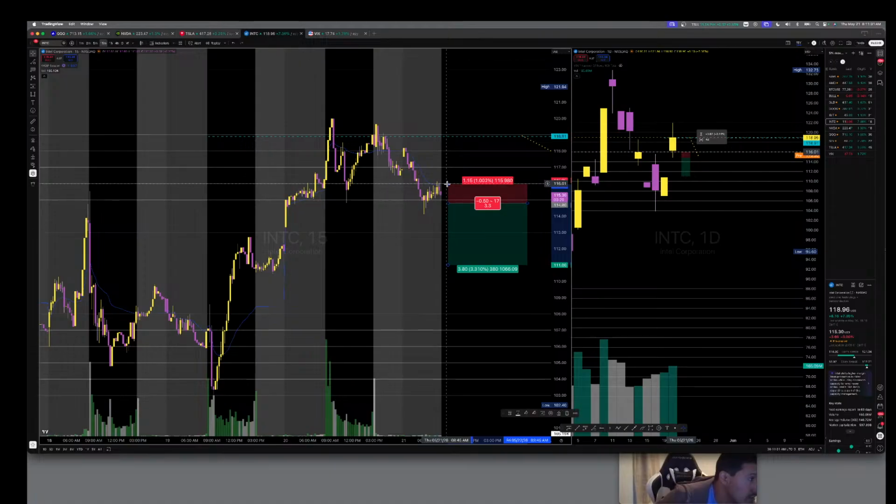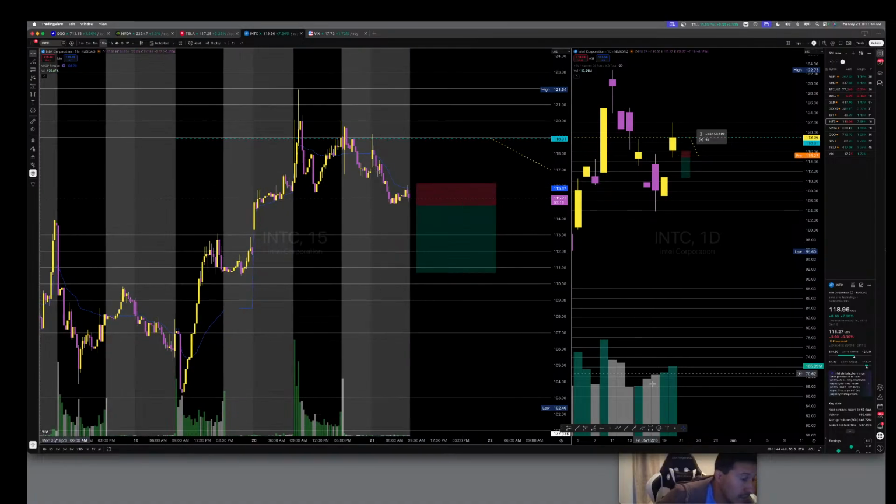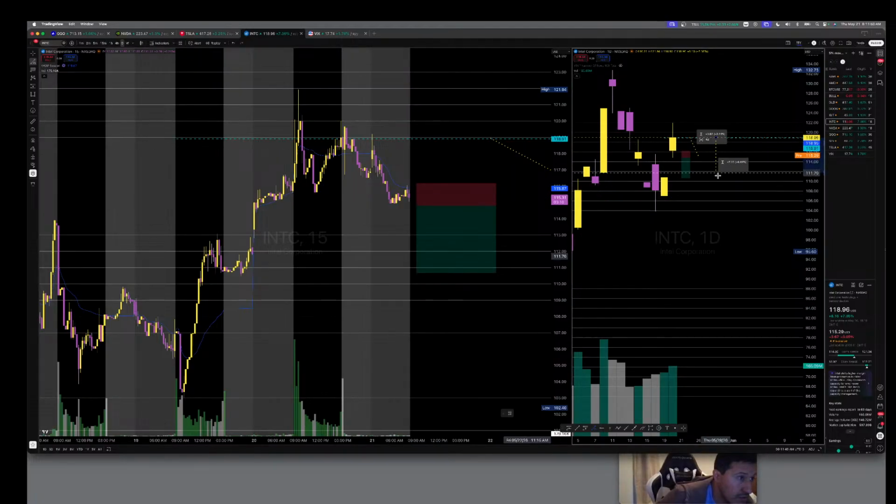You break your lows. You touch your open, yesterday's open. And you aim for your 3 to 1. Right? But that would require a massive move of 6-7%.